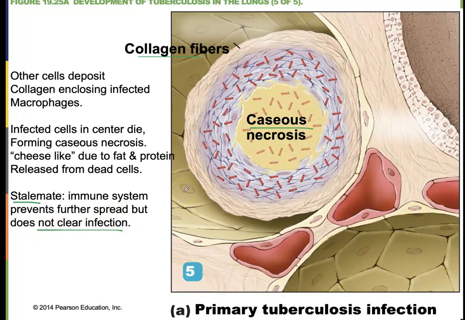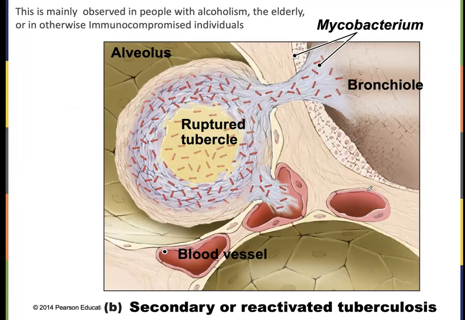Other people, if their immune system is compromised or they're weakened in some way, the bacteria can actually break out of the tubercles, and you can see how close the bloodstream is because this is the lung, with very thin-walled cells and very thin-walled capillaries, so it can easily enter the bloodstream. So here's a picture of our breakage.